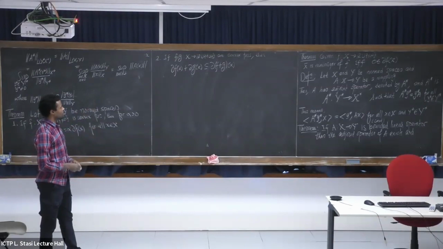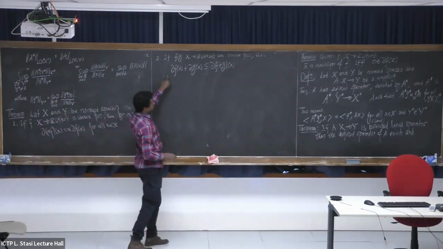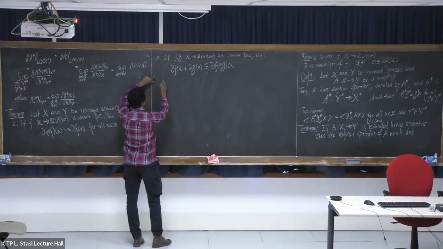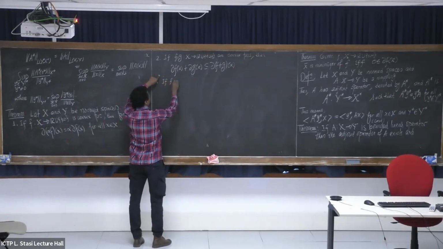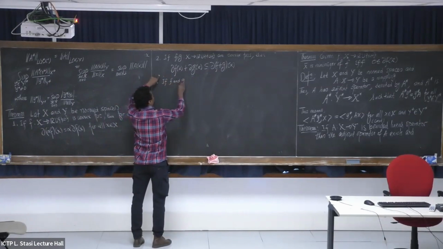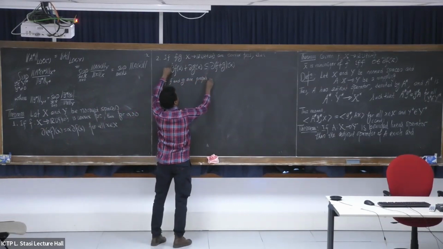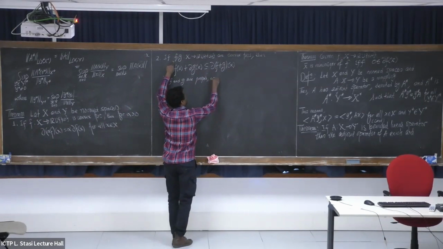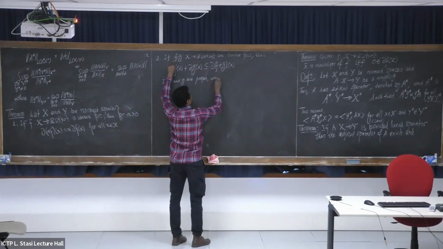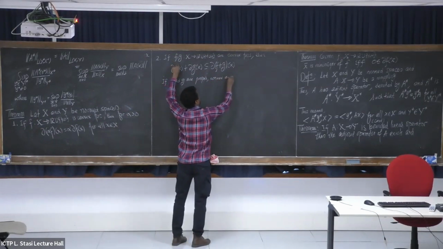These two are equal if f and g are proper, convex, and lower semicontinuous functions.